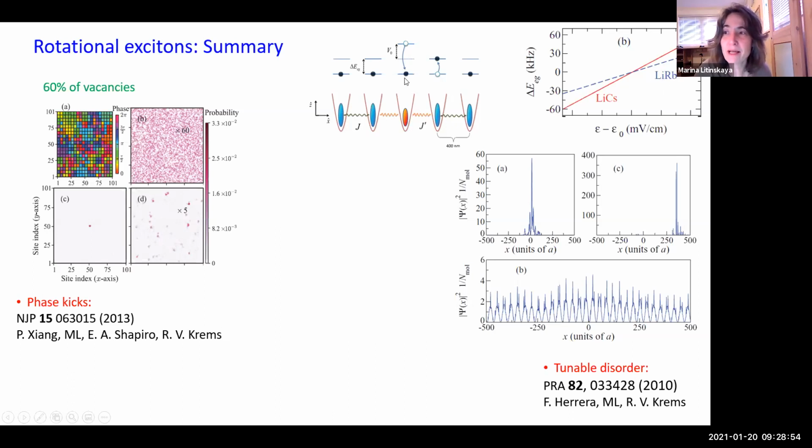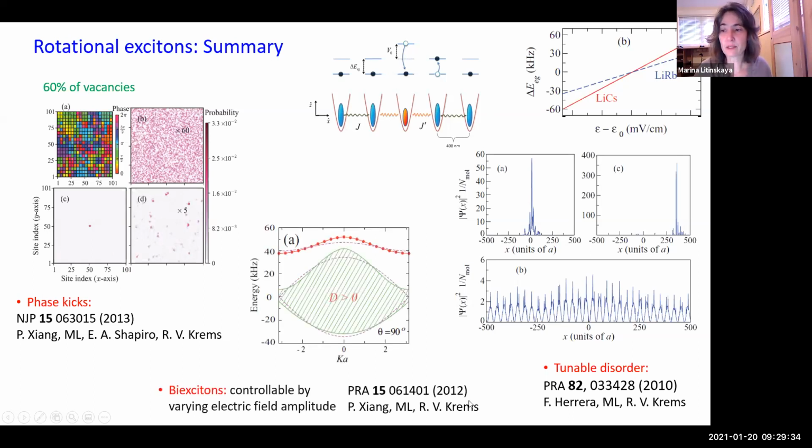Then this molecule would have a different excitation energy, and this difference in the excitation energy between lithium rubidium and the host molecules would act as a scattering potential, which scatters the exciton. The interesting thing is that you can tune this difference by applying an external electric field, so that you can switch this potential on and off. And so you can induce a transition from a localized state to a delocalized state and back to a localized state, just by tuning this scattering potential.